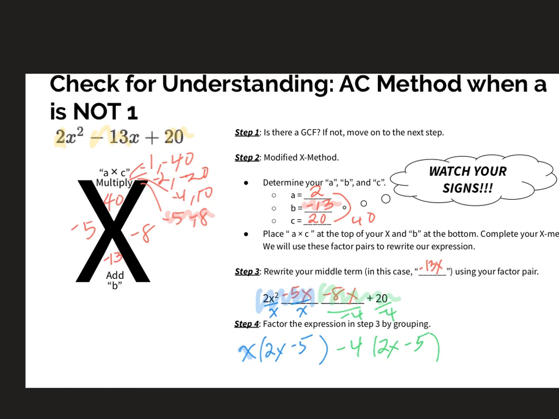And lo and behold, I have a common group. My common group I'm seeing is 2x minus 5, 2x minus 5. So let me just write that out. This is 2x minus 5. And whatever's left, so let's say that whatever's left is this value, x and minus 4.